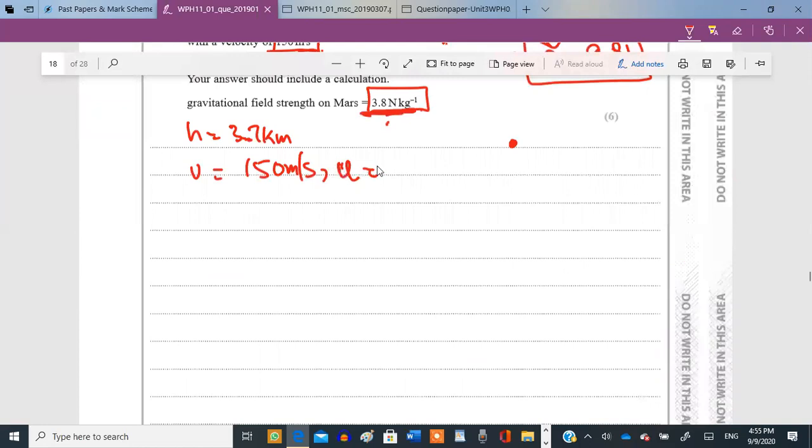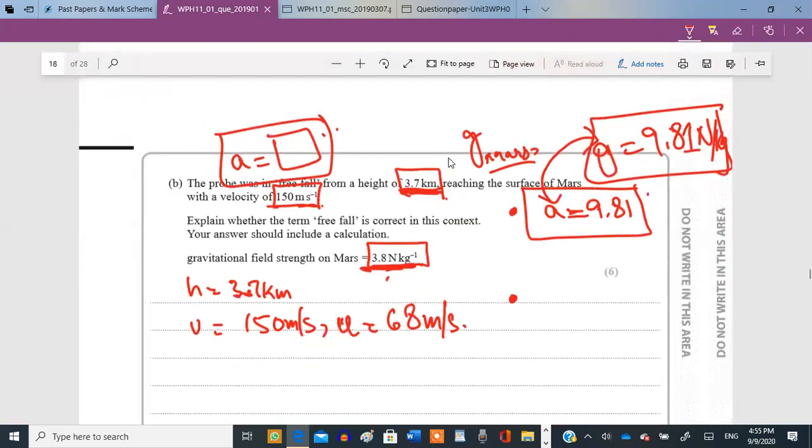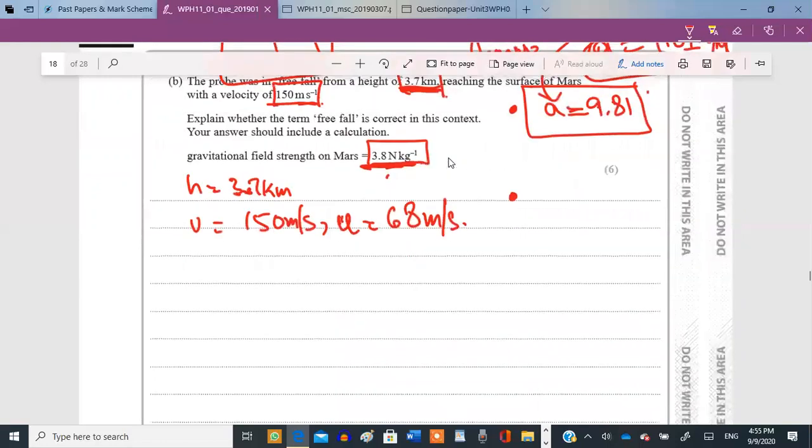Try calculating the free fall acceleration before me. Come on, Farwa. So 3.7, and the time taken, is it given? It's not given. Okay, no problem. We can use the formula that doesn't require time. V squared equals U squared plus 2AS, right? What's the value for V? It's 150 squared. The value for U is 68 squared. Acceleration needs to be calculated.